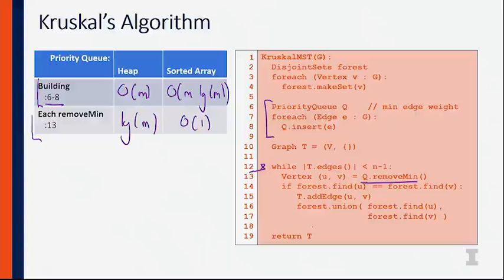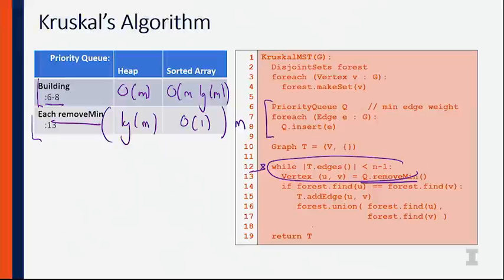Each of these remove min operations, in totality, is going to run while we're still looking for edges to add to our minimum spanning tree. So we potentially need to look at every single edge. So we're going to have to multiply both of these by m to get the total running time.